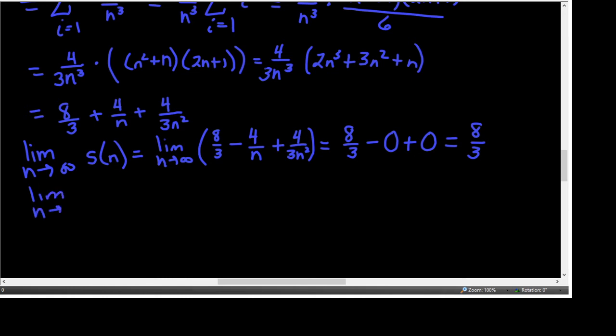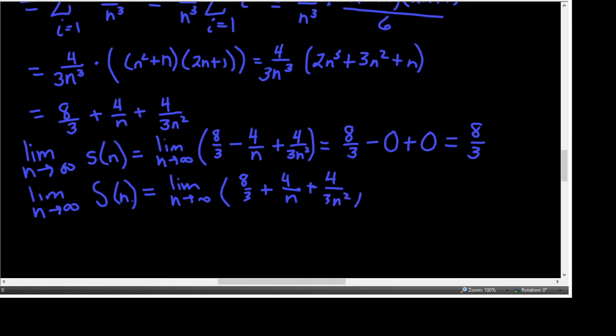If we do the same thing for the upper sum that we just found, you'll notice very quickly that the limit for it is going to be exactly the same number we just got for the lower sum. It's also 8/3.